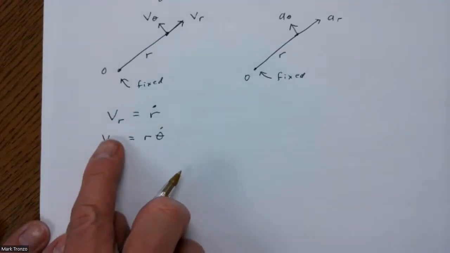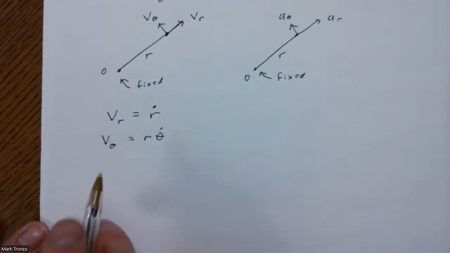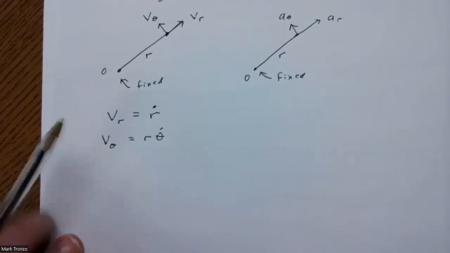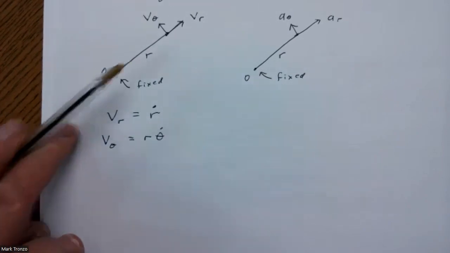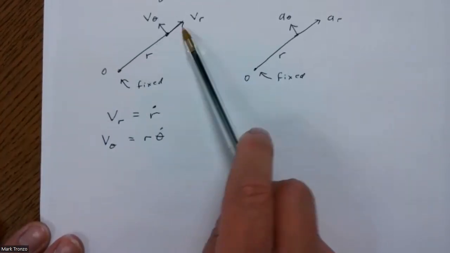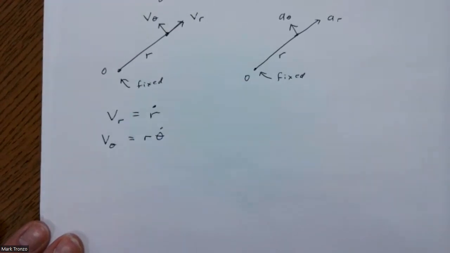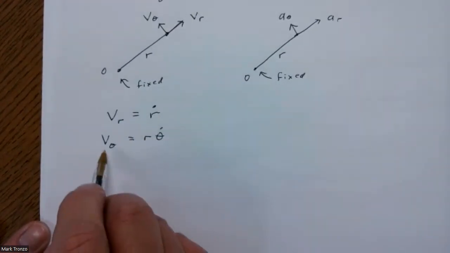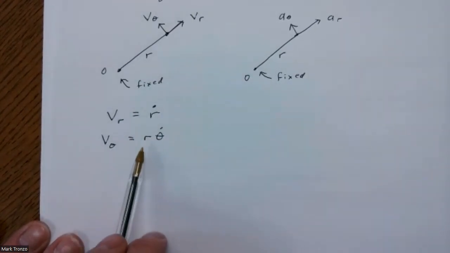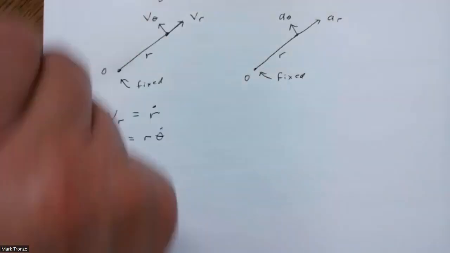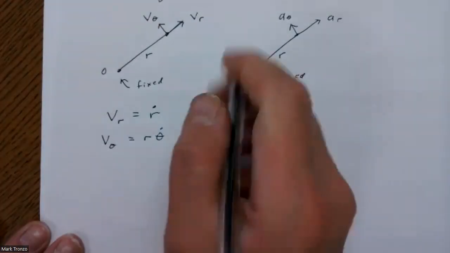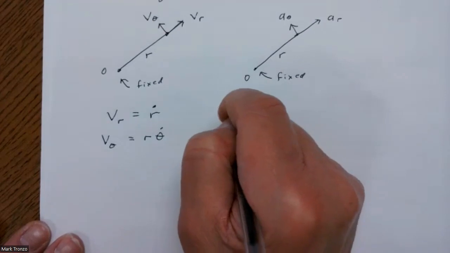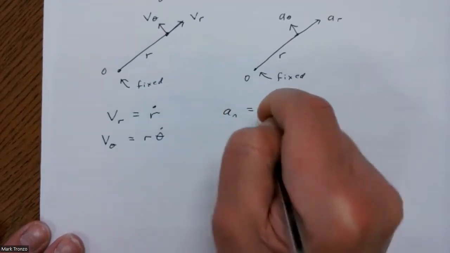The radial velocity is simply however the radius is changing, and V theta is the radius times how it's changing in the circular way.